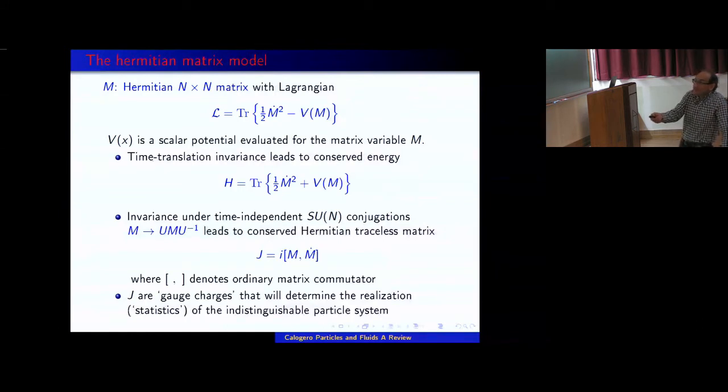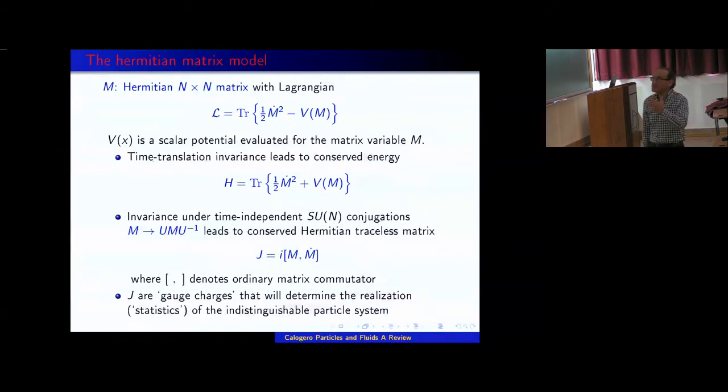So that transformation leads to some conserved quantities that have to be matrices, because U is a matrix, so the generators have to be a matrix, and that is a form of angular momentum. It's the usual matrix commutator of M and M dot, the matrix and its momentum, times i, so that it be Hermitian.